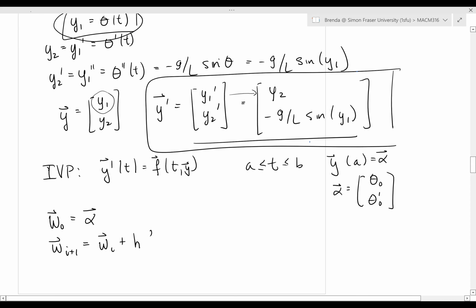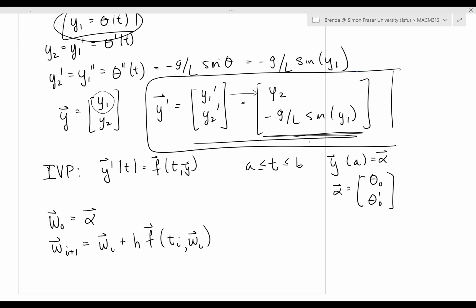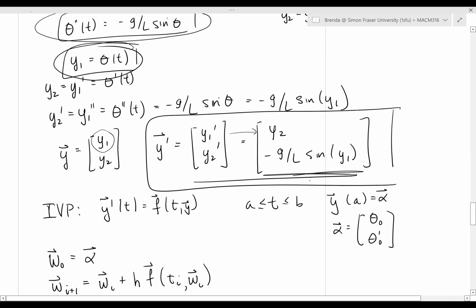This is the Euler method, just written out in vector format. We take a step size over and we calculate the new version from the old version using this right here. Let me just write that out.